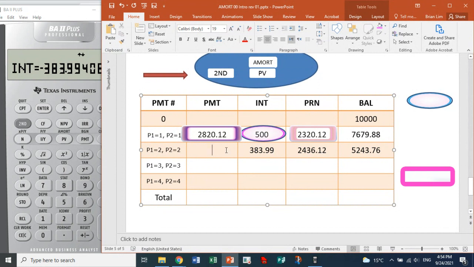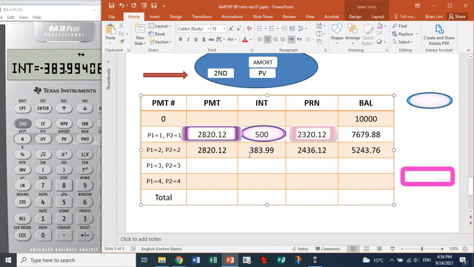These numbers should add up, but it will be just a bit off there, 2.12. That is actually the payment, but as you can see, because of a bit of rounding here, when you add these two, this one and this one here, it will not come exactly to 2820.12.